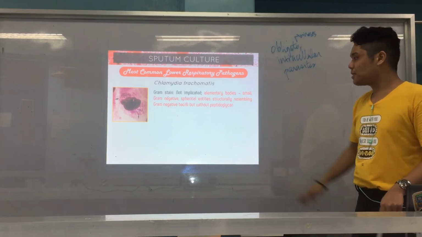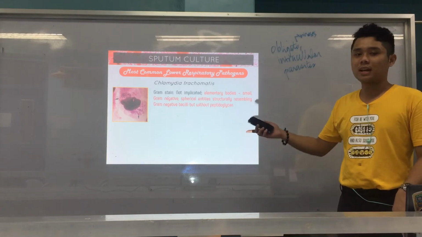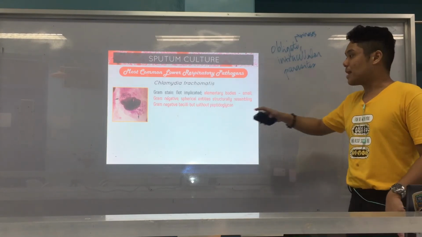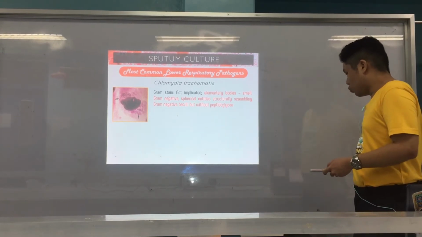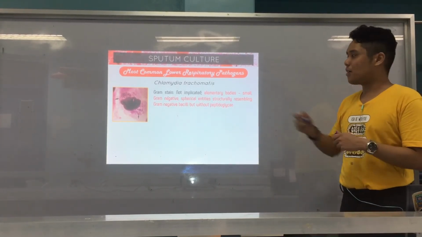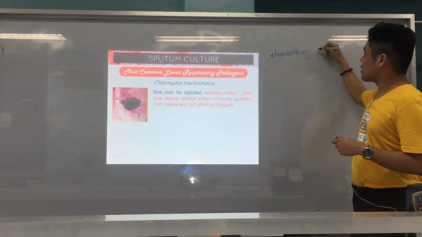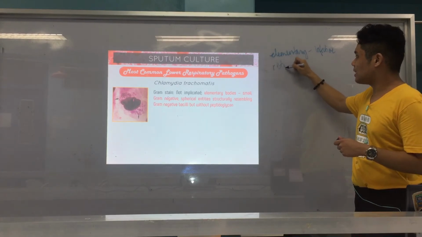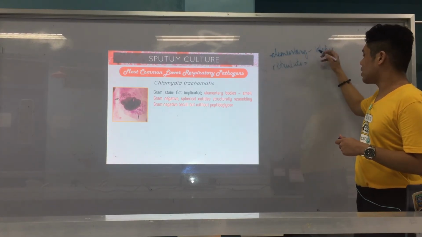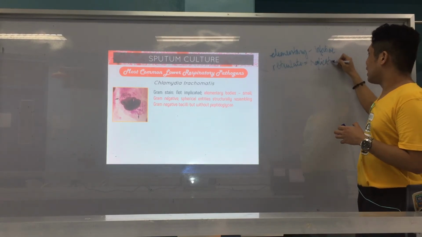Alright. Now for gram stain, they don't usually gram stain well, but if they have to be gram stained, their reaction is gram negative. And chlamydia has two forms. Number one is the elementary bodies, and this is the infective form. And you have the reticulate body, which is the replicative, or dormant, form.